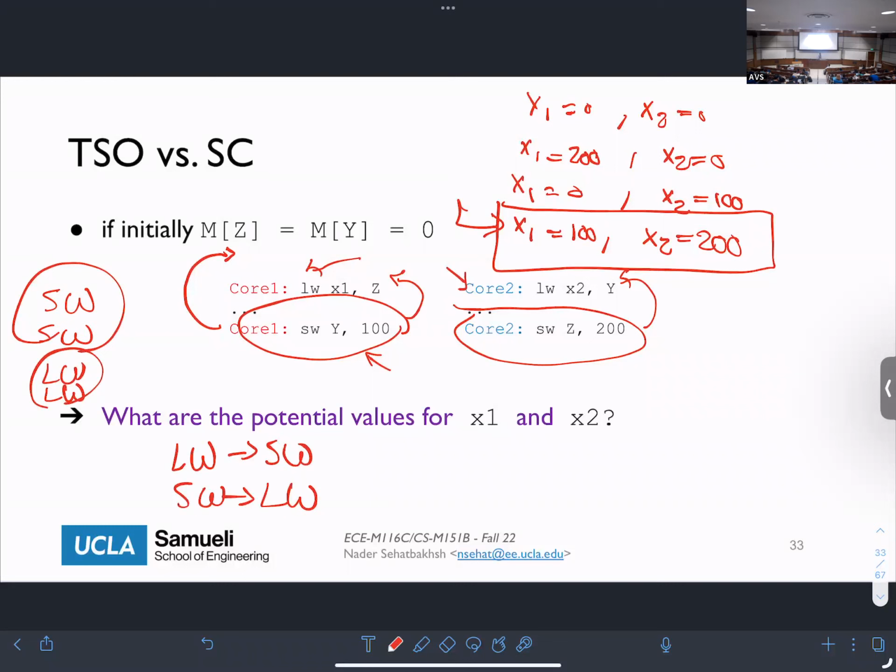So what this means is that under TSO, we're still going to get this scenario here, okay? Because store might still happen before load in core number 1, and in core number 2 stores also can happen before load. All right. So TSO allows two things to be reordered within one core, and because of that, we're still going to have the same problem that we had before.